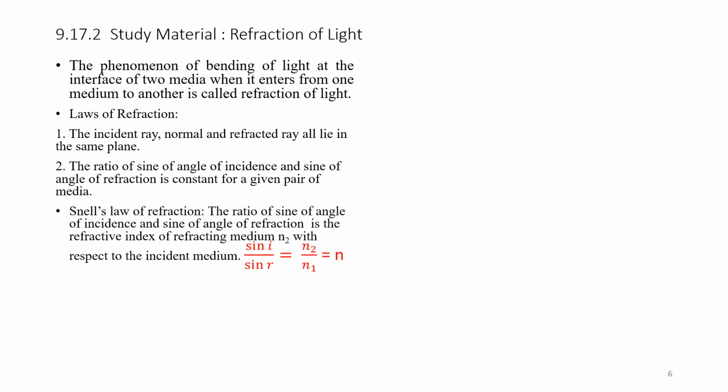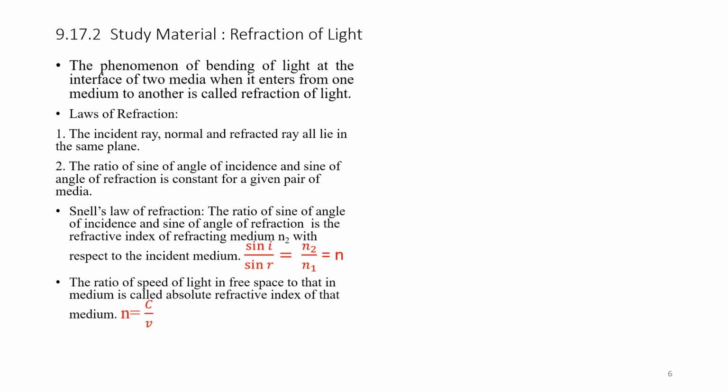Snell's law of refraction: the ratio of sine of the angle of incidence to sine of the angle of refraction is the refractive index of the refracting medium n2 with respect to the incident medium. That is, sin i / sin r = n2/n1, which is equal to n.